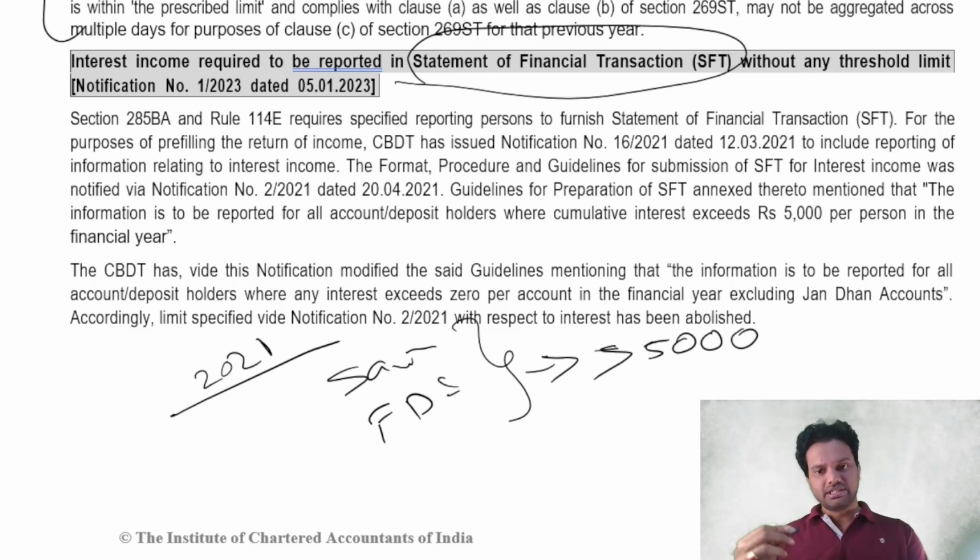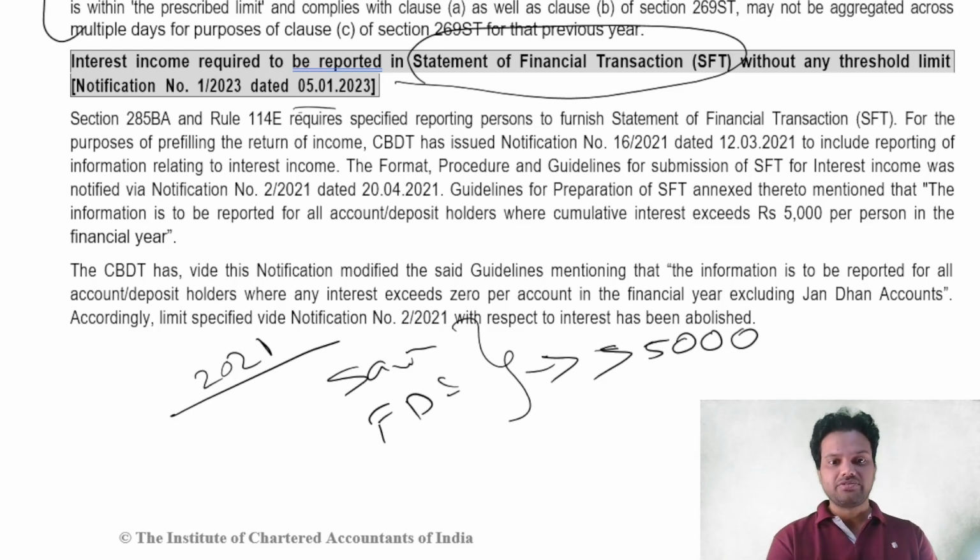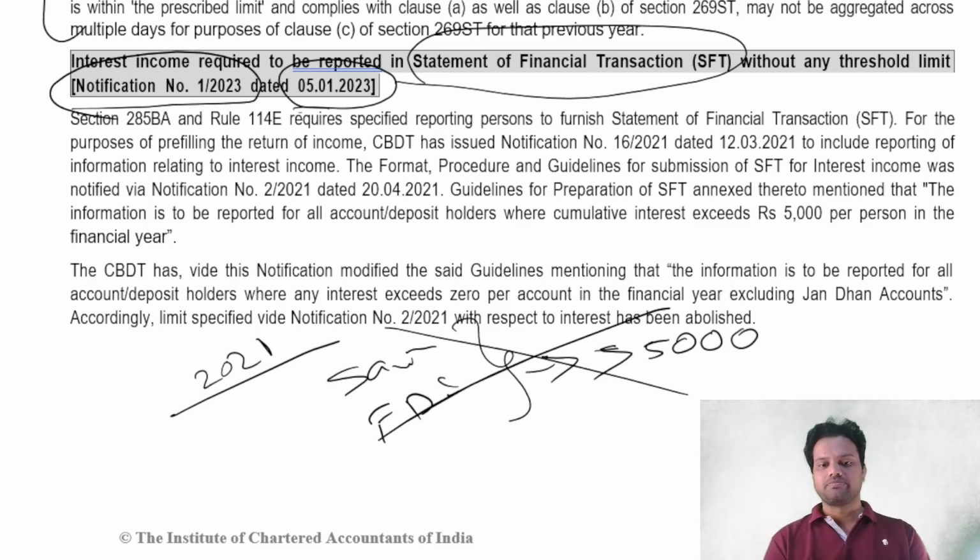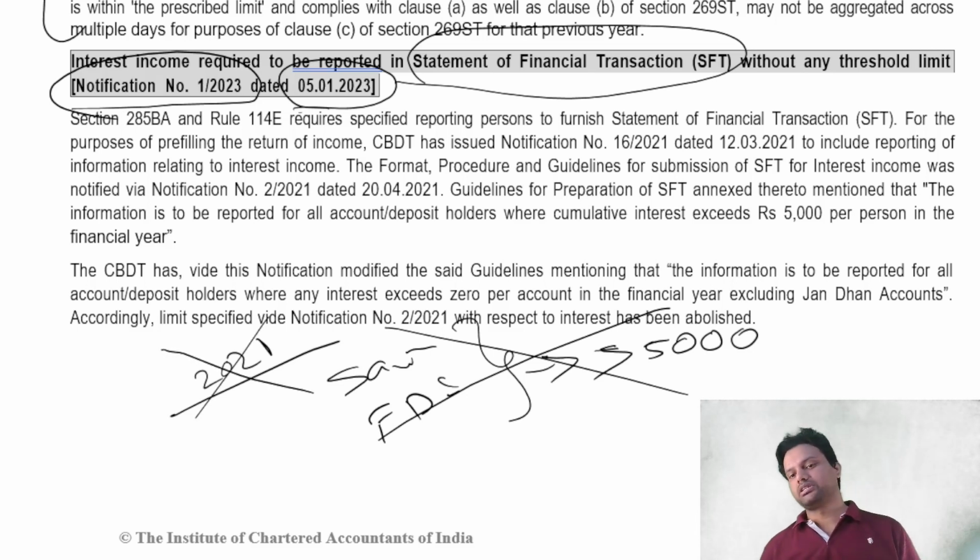Now, in recent time, on 5th January 2023, they issued a revised notification saying that there is no limit now. They actually nullified this 2021 notification. They said that for any deposit holder, if the interest income for all the deposits that he has is more than zero, even if it is a single rupee, then also that is a reportable transaction for the banking companies.